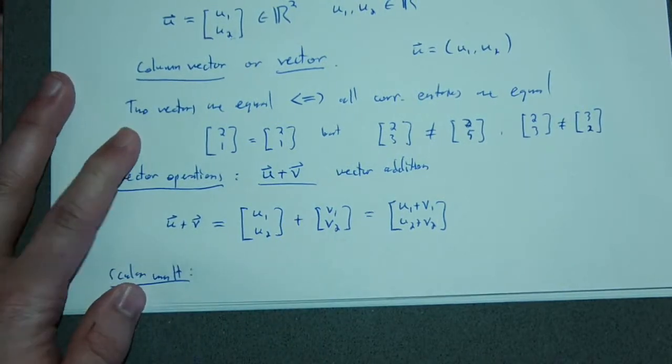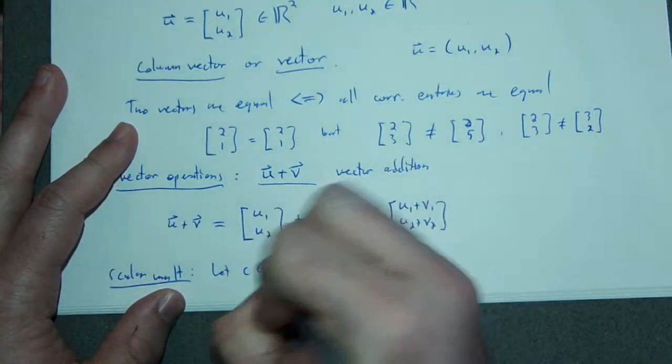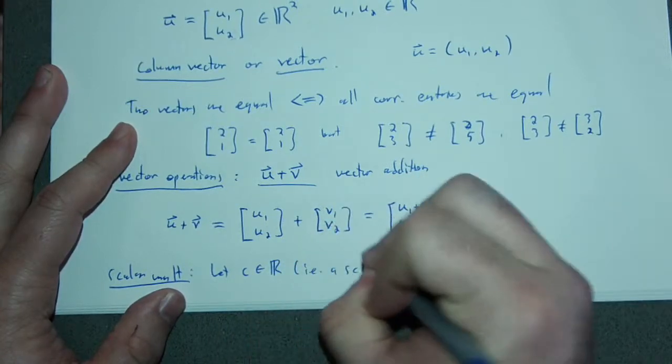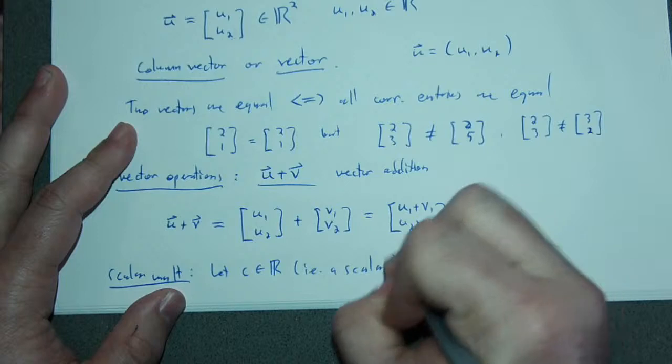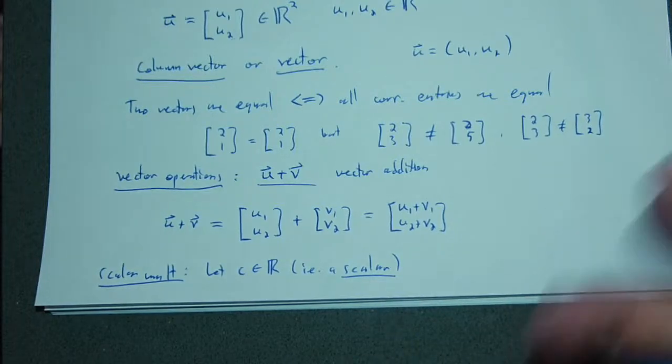So what's scalar multiplication? Let c be some real number, i.e. a scalar. Now, for us, scalars are going to be real numbers, but as I'll mention later, there's no reason why you can't take your scalars to be complex numbers. The idea is that they are a number, they're not a vector.